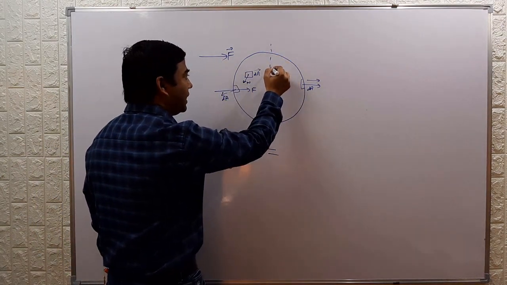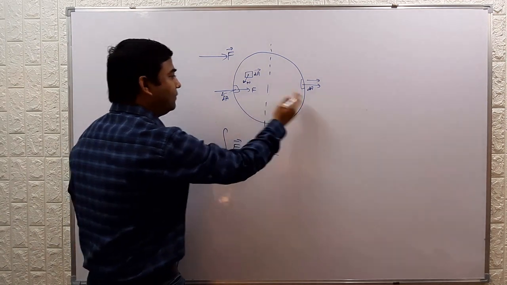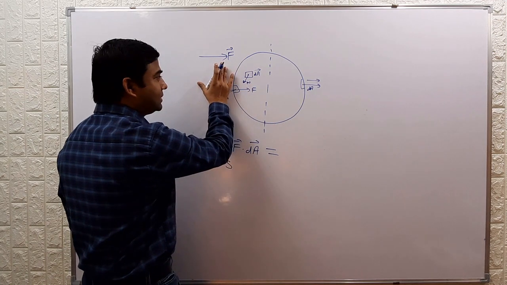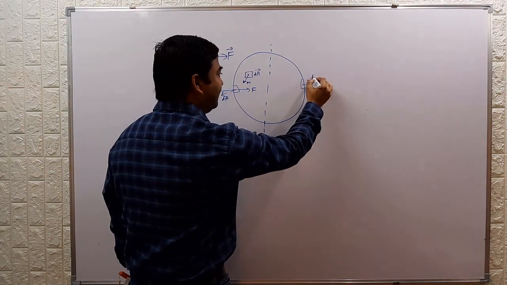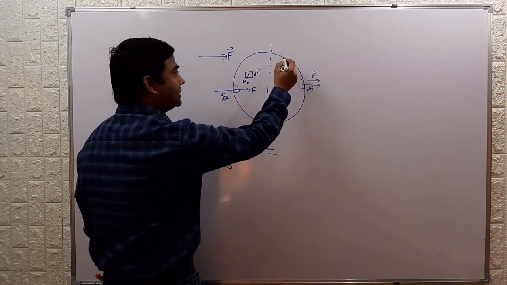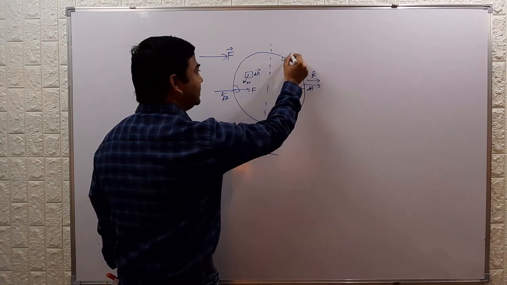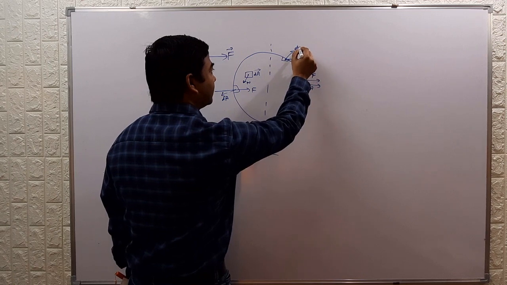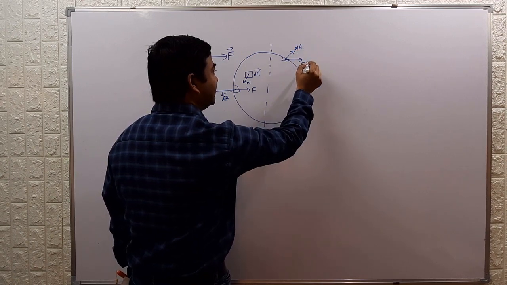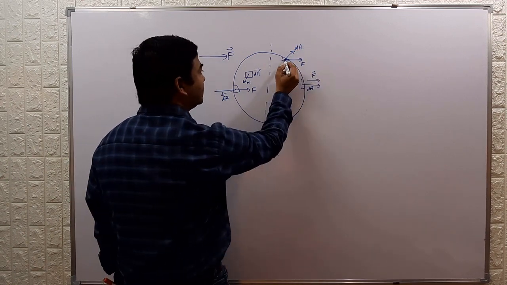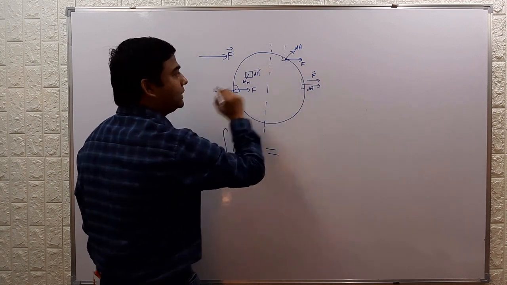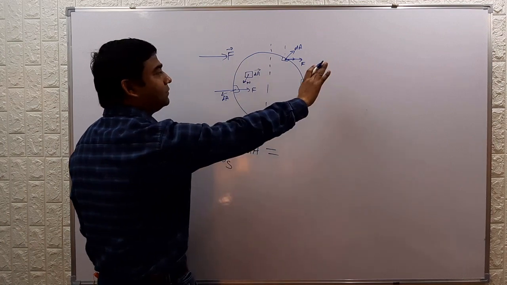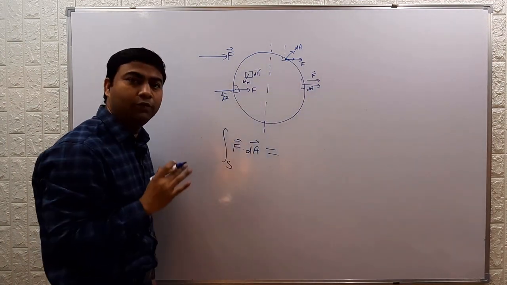So ideally, half of the hemisphere will have positive flux because both F and dA are in the same direction. Here also this is dA and this is F. The normal component of dA will have zero flux, and the component of dA along this field will contribute to flux.